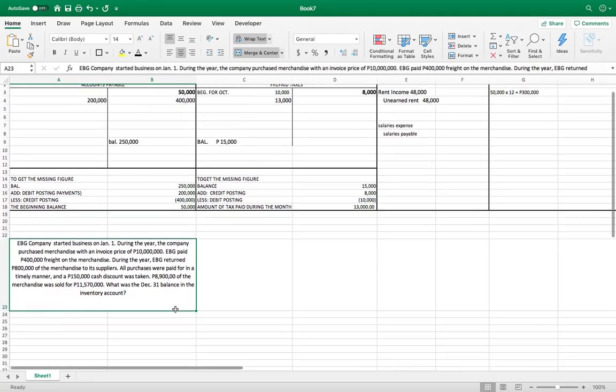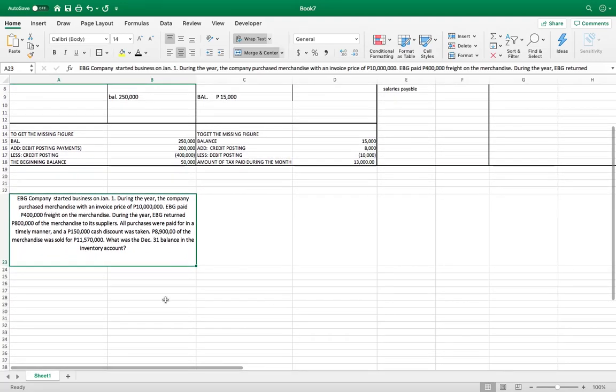So another example, it was just given a story, but this is just a computation of the inventory. So EBG company started business on January 1. During the year, the company purchased merchandise with an invoice price of 10 million. EBG paid 400,000 freight on the merchandise.